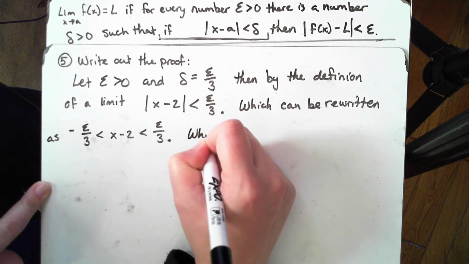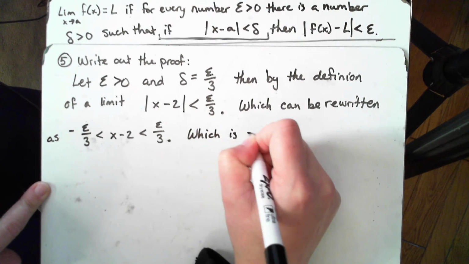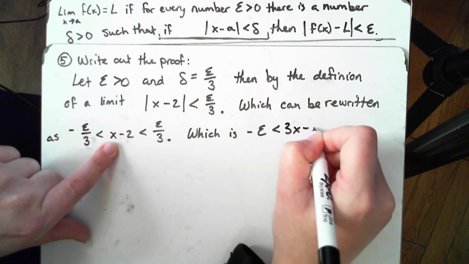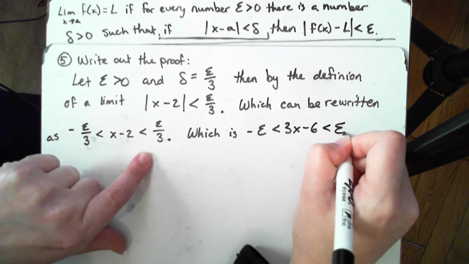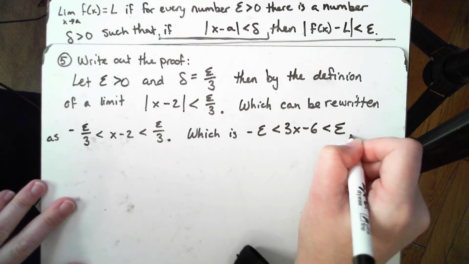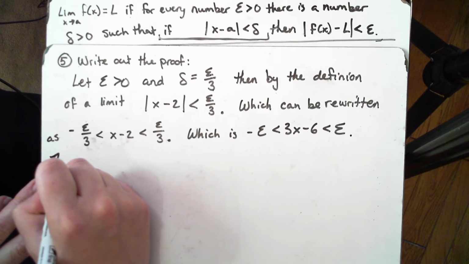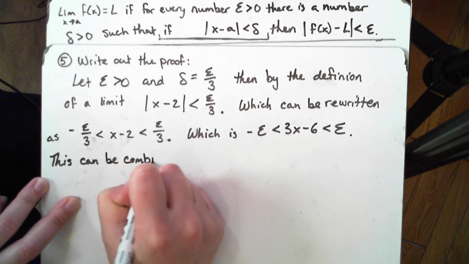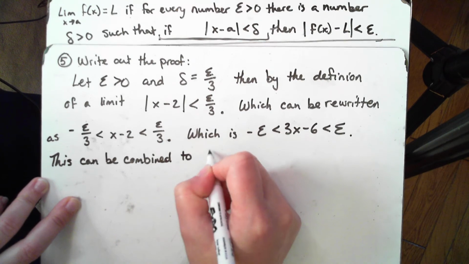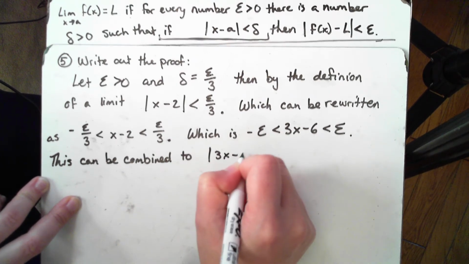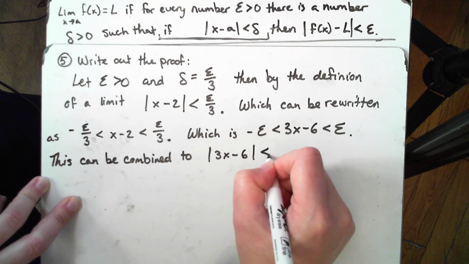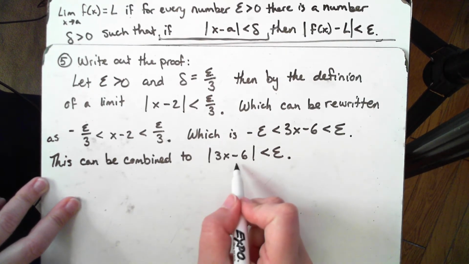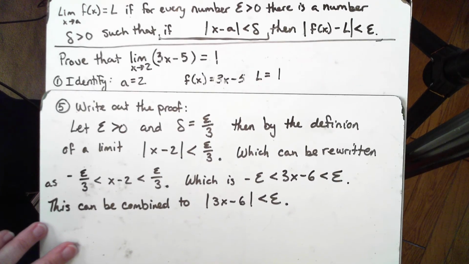So I can say negative epsilon is less than, now multiplying by 3, I get 3x minus 6, which is less than epsilon. And this can be combined to the absolute value of 3x minus 6 is less than epsilon. And then finally, I'm going to write this using what I see here.